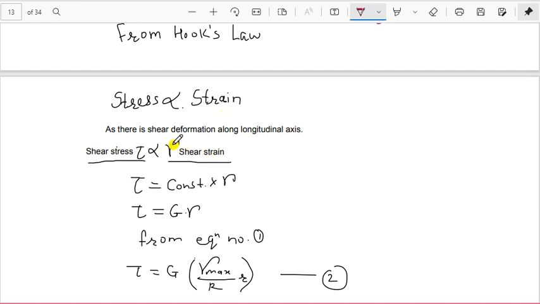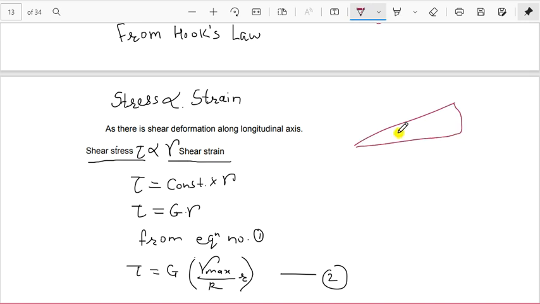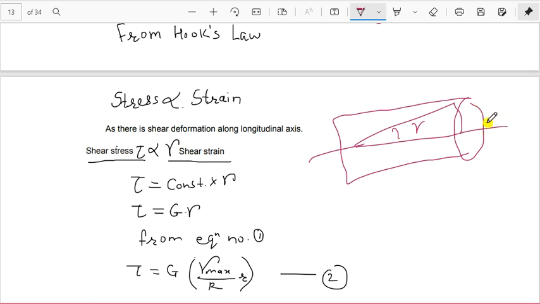We have seen this gamma in our torsional diagram of a shaft like this. This was our shaft, isn't it? This deformation is nothing but the gamma shear strain, and this is the stress generated due to this deformation. Now, if we remove this proportionality sign, we get tau equal to a constant into gamma.